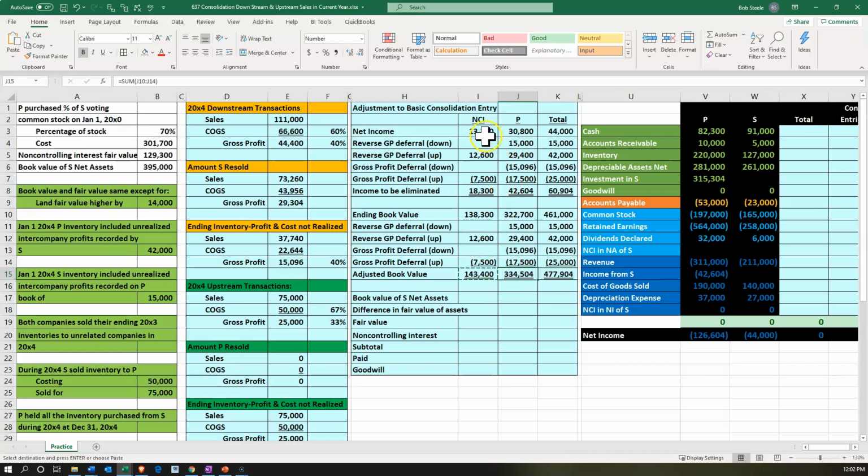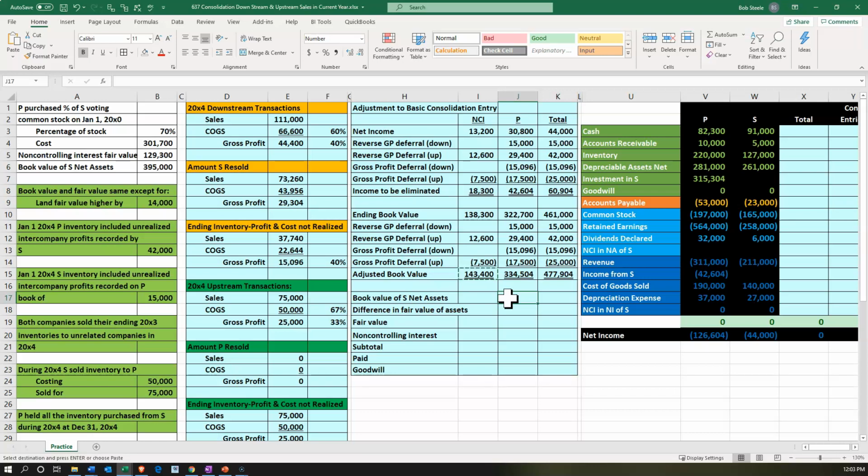Here's the net income, here's the effect that we're going to have on the net income, and here's the end that's going to be used in our journal entry. Here's the net assets, here's the same effect happening here, and here's the end that we're going to be using in that first journal entry. This will be coming into play shortly when we finally get to the journal entries, which I know you're waiting for because that's the exciting part.